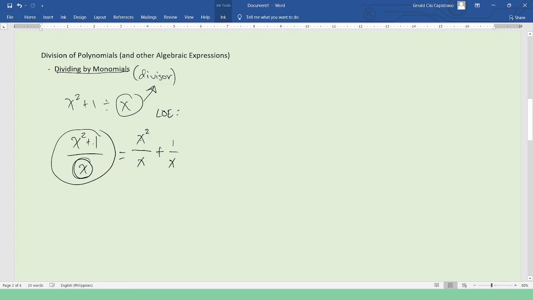Then i-write lang natin yung base, tapos doon lang natin i-minus. Dito sa first term pa lang, magkakaroon tayo ng x raised to 2, tapos alam natin na ito ay may exponent na 1, so 2 minus 1. Then dito sa part na to, wala na tayong magagawa kasi hindi similar yung base nila, so magkakaroon tayo ng x plus 1.